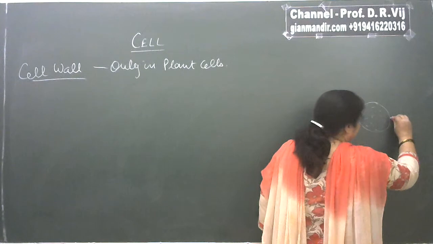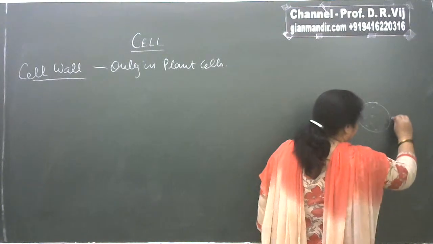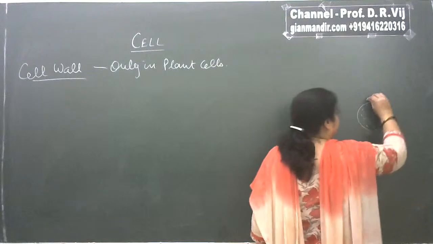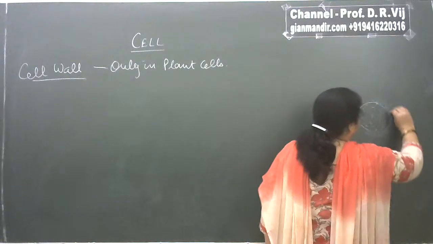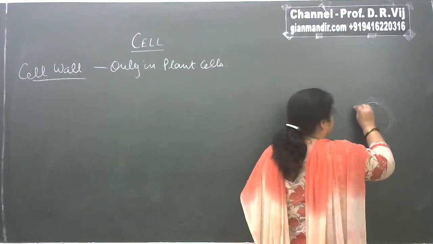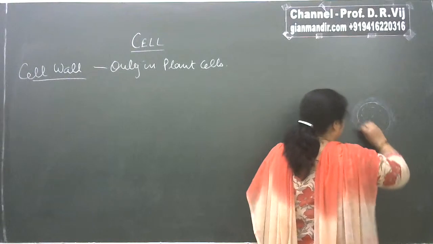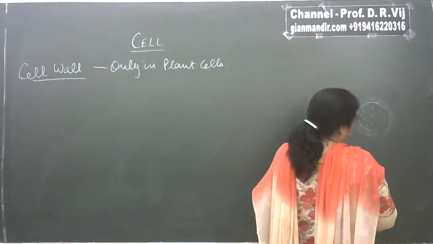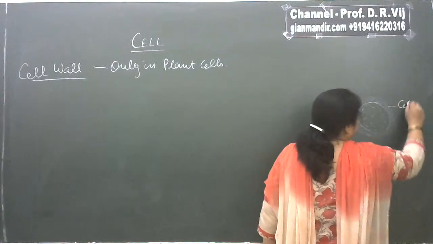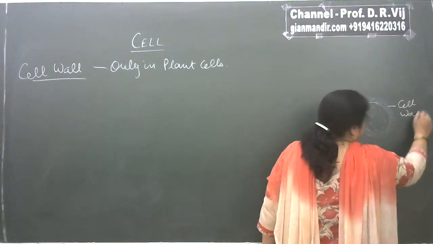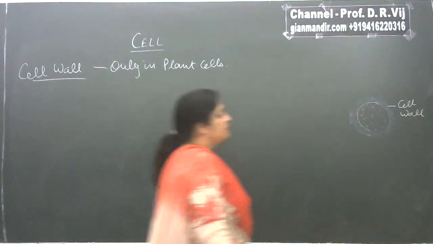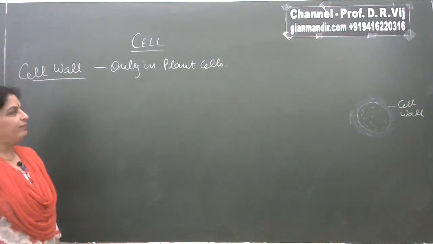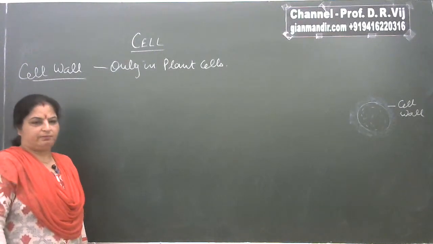But plant cells have an additional covering around the cell membrane. And that additional covering found in plant cells is known as what? It is known as cell wall.